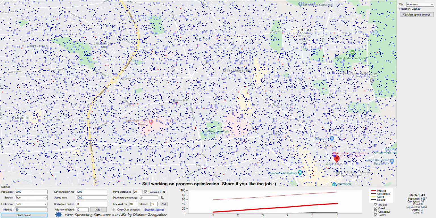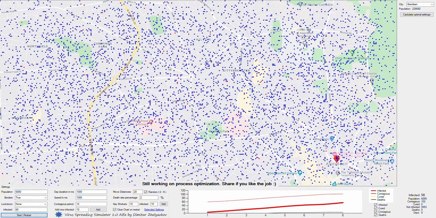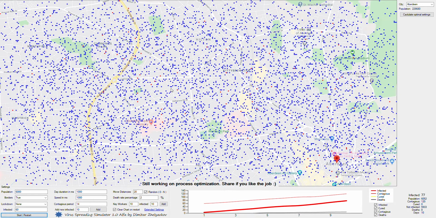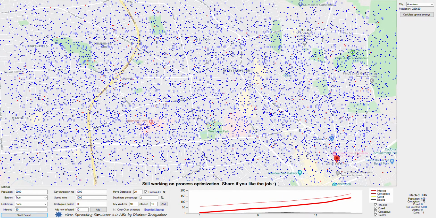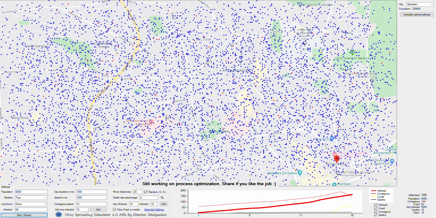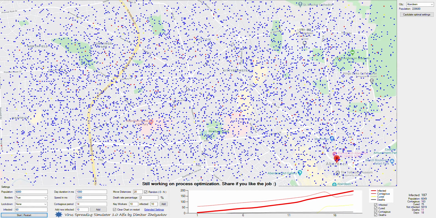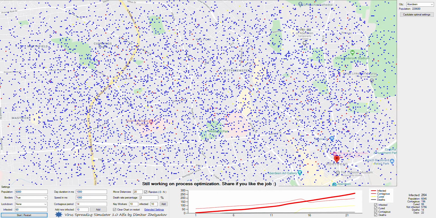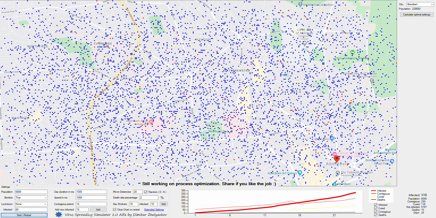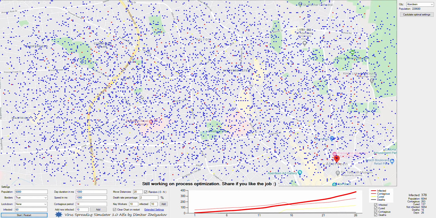Here we've got a lot of blue dots, representing every single person, moving randomly. The blue dots mean the person never had the virus. We've got red dots moving randomly, and once they meet another person, they pass the illness to him.